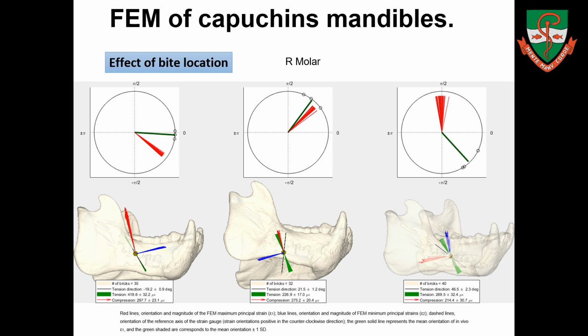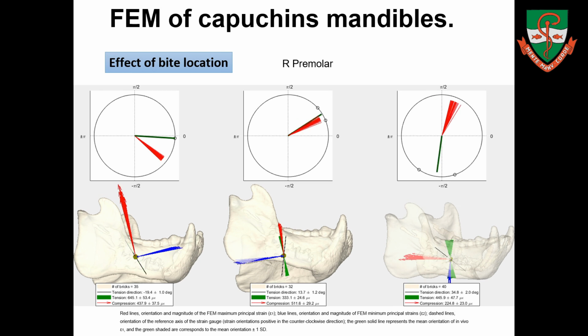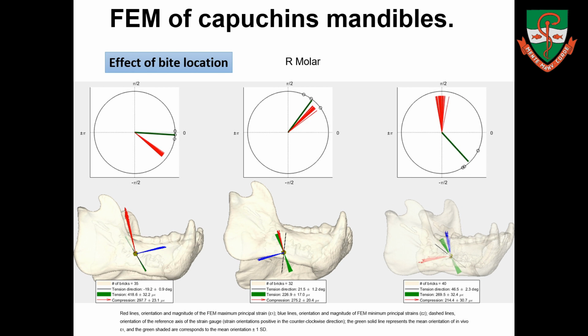And when we change to the right molar, if we compare the right premolar with the right molar, the intensity is just the variable that changes between both, and the orientation of both gauge sites doesn't change.